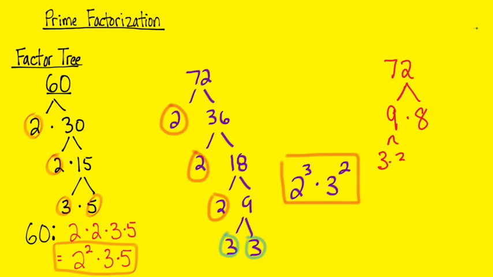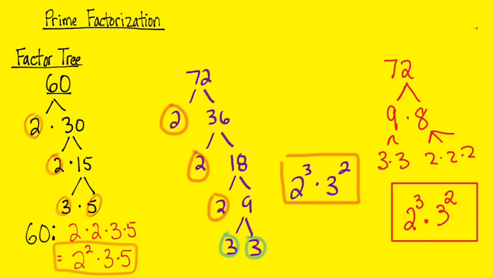And we know that 9 is 2 3s, and 8, if we just took off a 2, then we'd have 2 times 4. And we know 4 is just 2 times 2. So again, this is just a quicker way to get to our prime factorization, but both ways are fine. The tree on the last one is just a little bit shorter journey. And you know me, I like shortcuts.